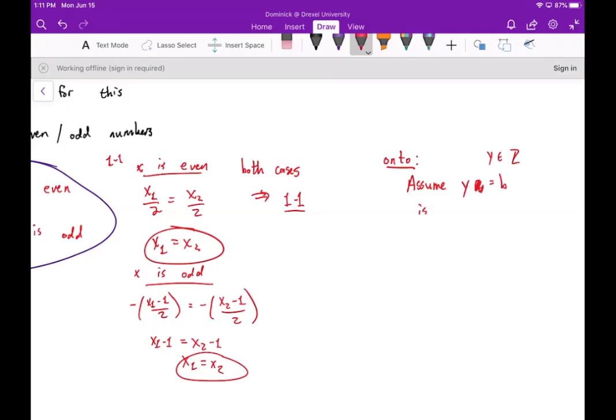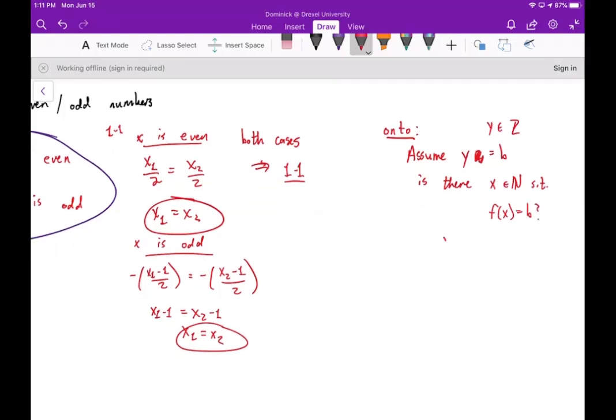So is there an x in the natural numbers such that f of x is equal to b? Well, again, my f of x is either x over 2 or it's the negative x minus 1 over 2, depending on if it's odd or even, and this is equal to b.